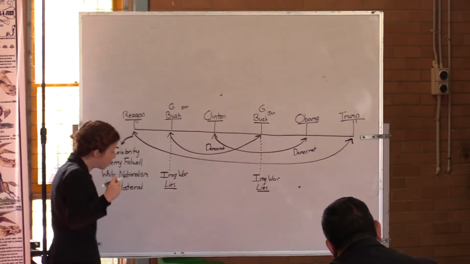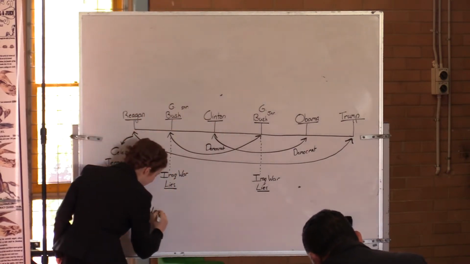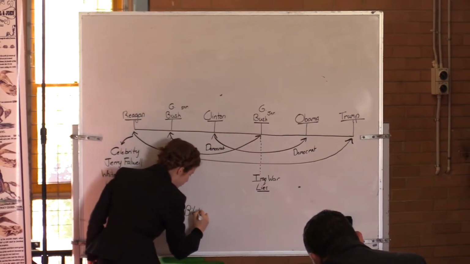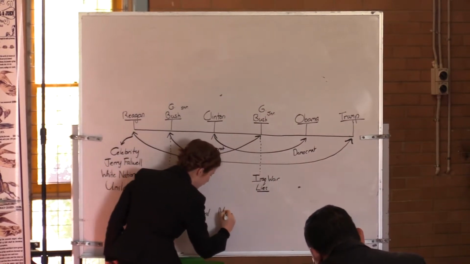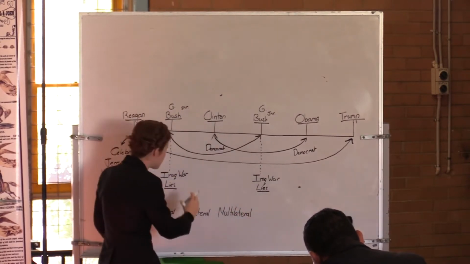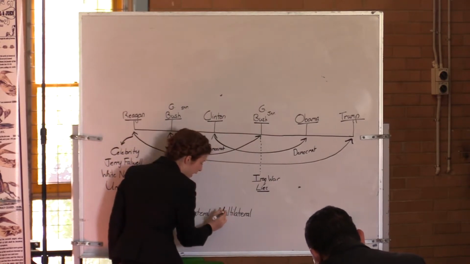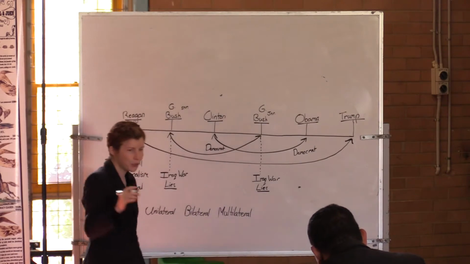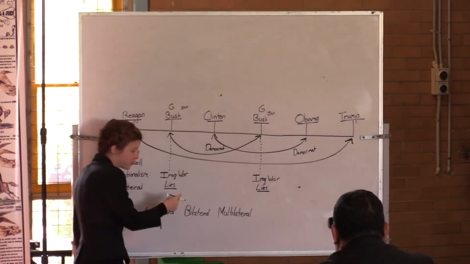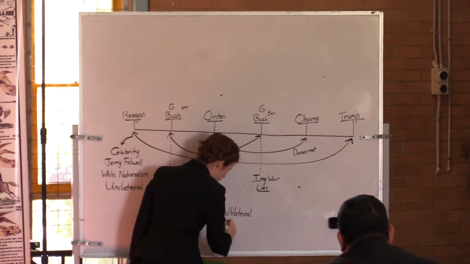And in prior presentations, we've gone through the three different types of powers: unilateral, bilateral, multilateral. In a unilateral world order, how many superpowers do you have? One. In a bilateral, how many? Two. In a multilateral? Many.